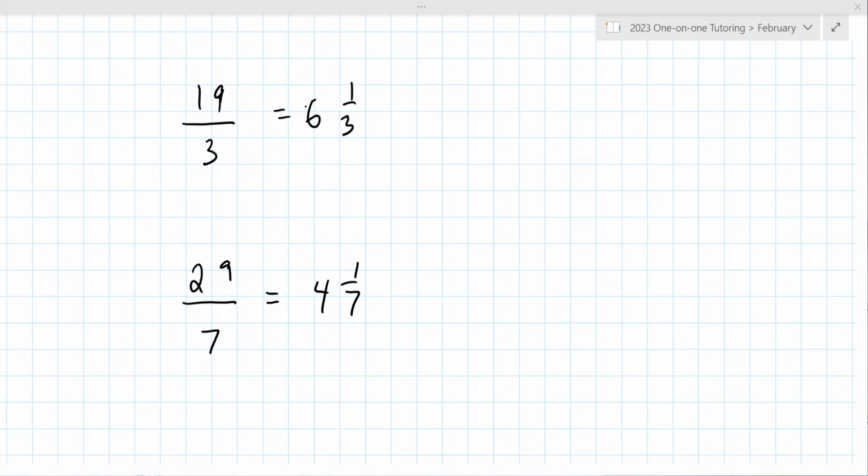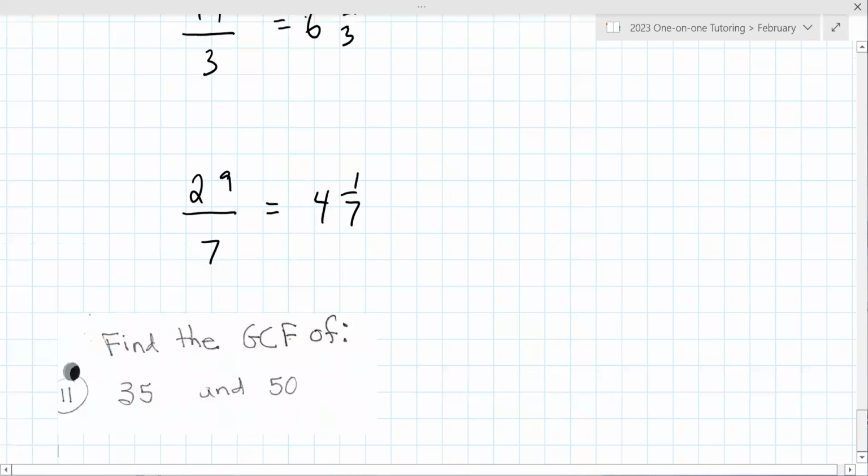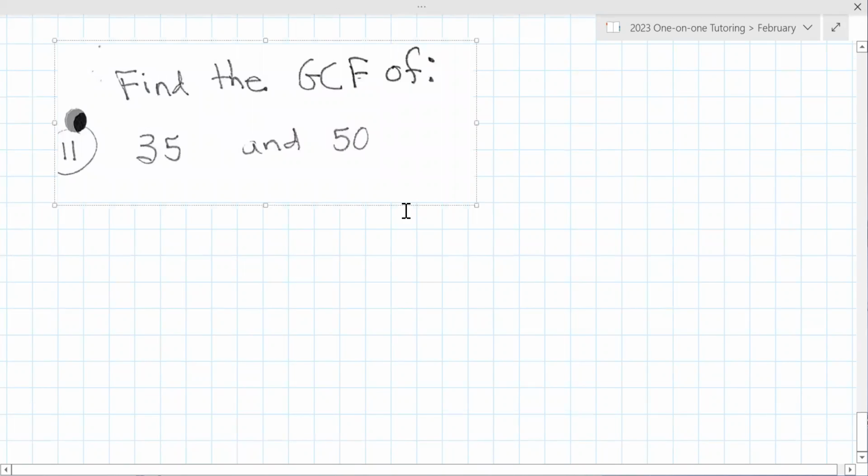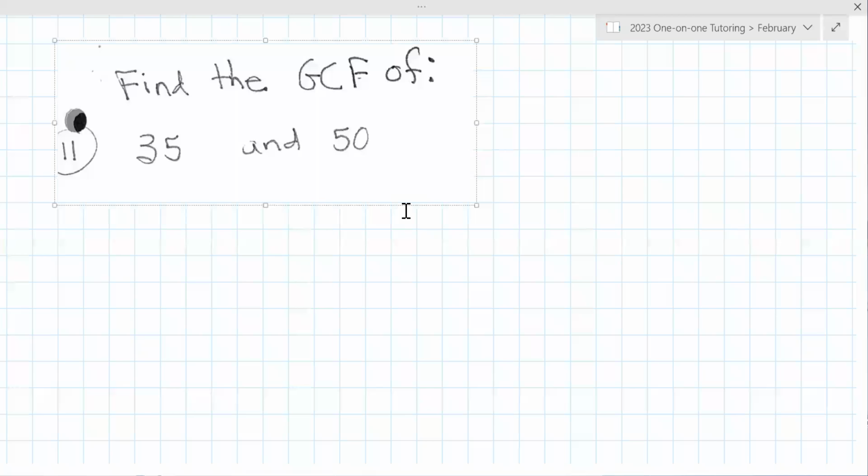Okay, let's get going on to, I guess, 11 is the next one here. Starting at 11, it's all review. It's not anything new. Greatest common factor. Those are pretty easy. So why don't you try this? Let me know if you have any questions. 5. And then 25.